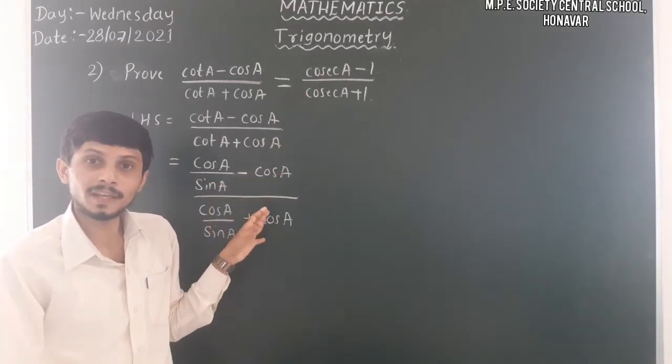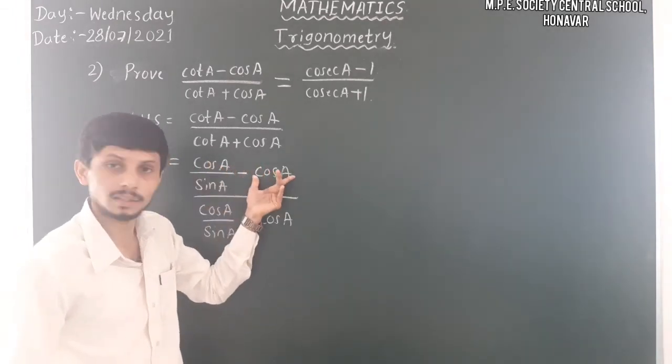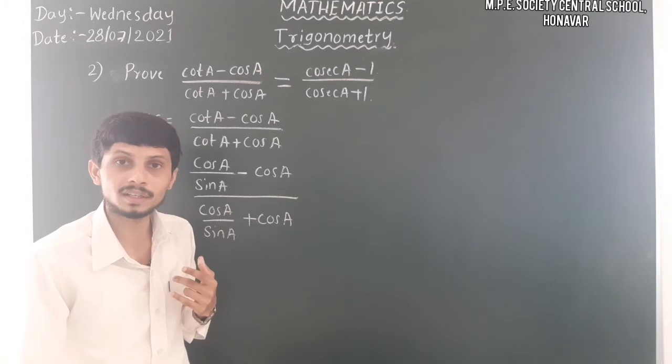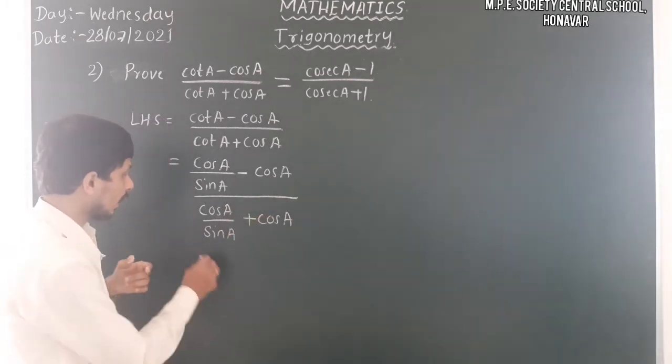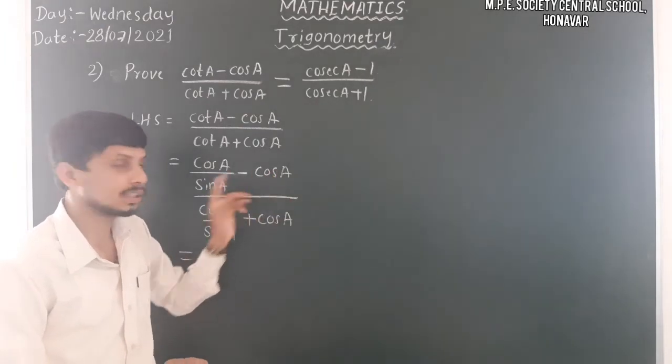Okay. So now we have to take some suitable steps. Here just observe, we have cos A in both the terms in the numerator, and cos A in both the terms in the denominator, so better we can take cos A common from both the terms.